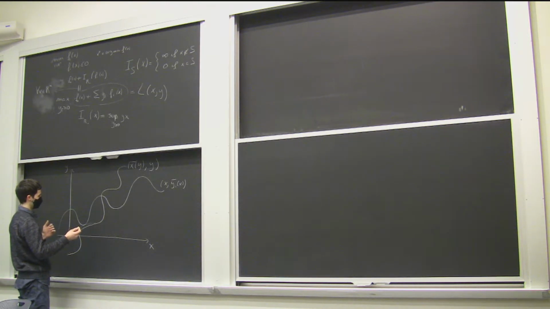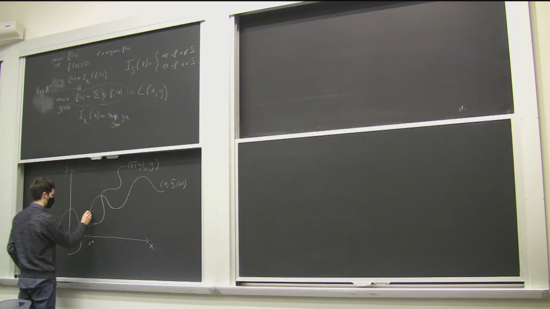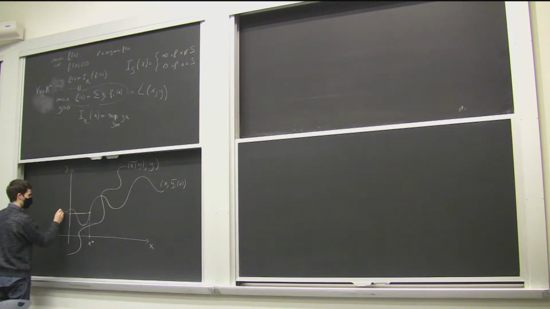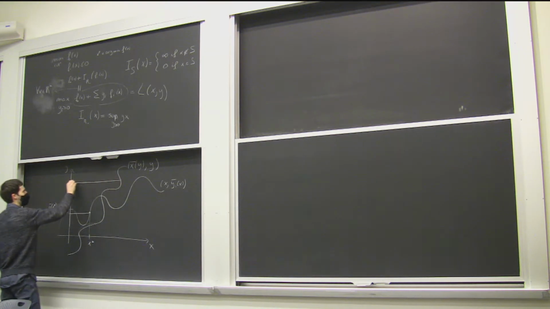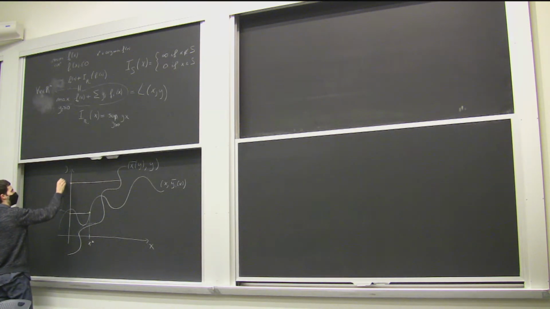So let's say x star is this point. And so it corresponds to, and this would be y bar of x star. And then if you minimize g, you will find some y star.